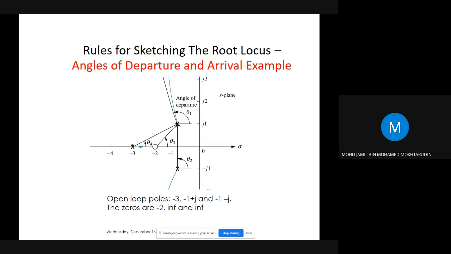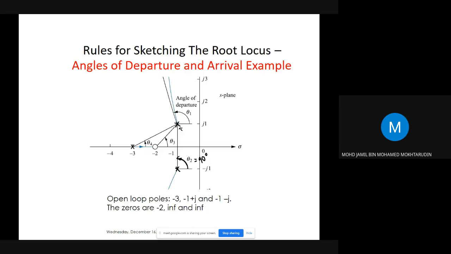So you find the angle made by the other poles and 0 to the point, okay. So the first angle is made by this pole here. So this angle, so theta 2 is directly below this pole. So the angle is always 90 degree, okay.